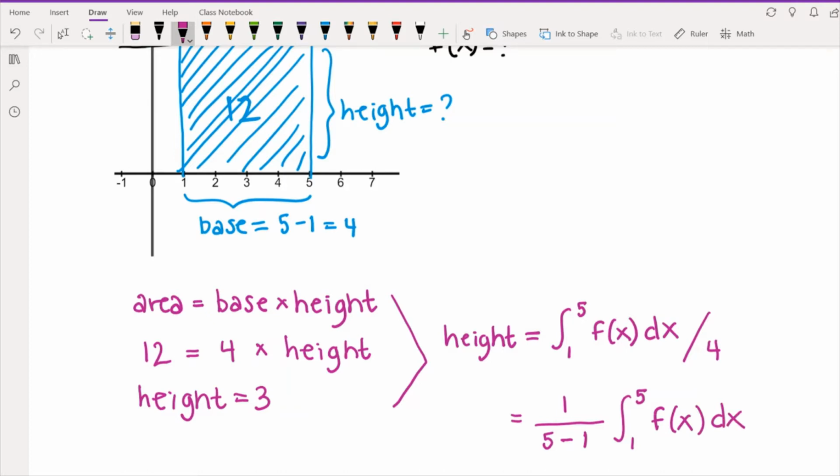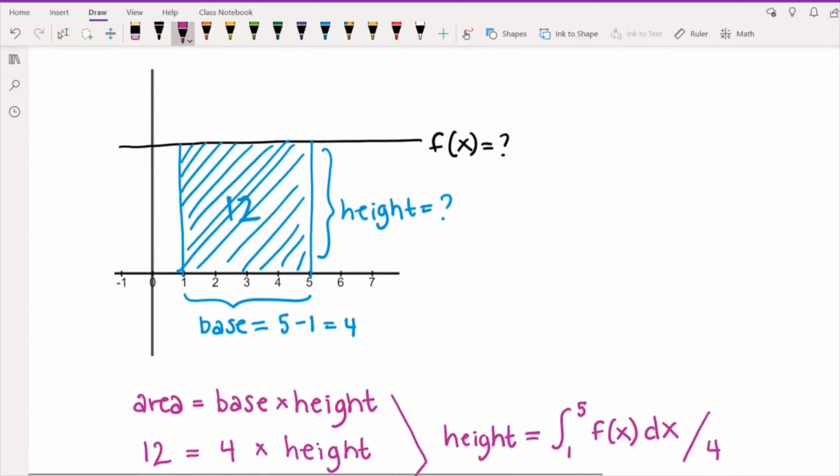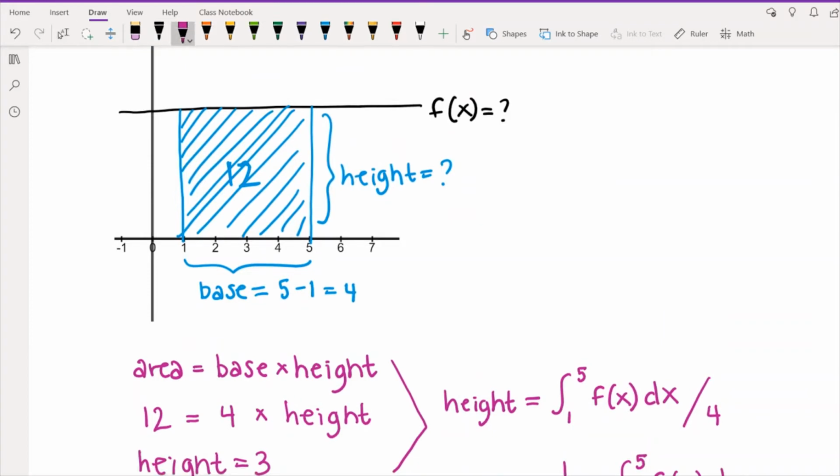You probably wouldn't write it out that way because you could just look at the picture, but it turns out that what I wrote down here with the integral is actually the average value formula. The idea, and we'll see that in an example in a moment, is that even if your function is not a constant, you're not finding the height in the same way that you are in this one, because in this one there's only one height, right?